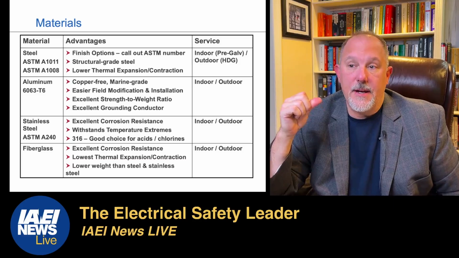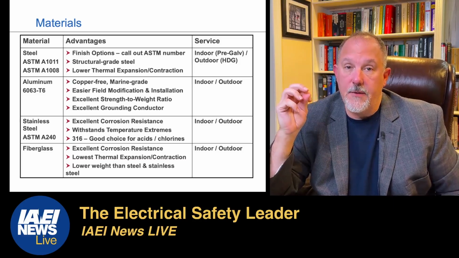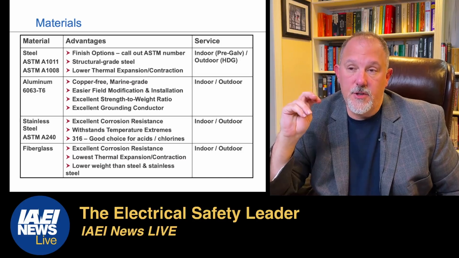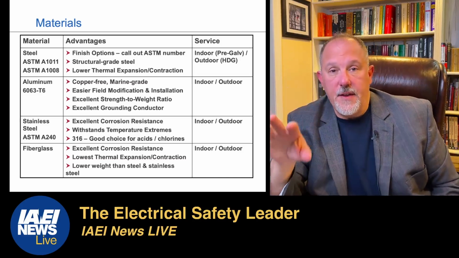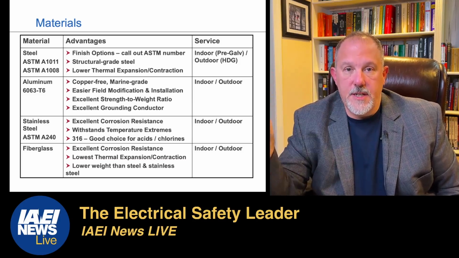And then they have stainless steel. Now I would think your stainless steel would be for those corrosive areas. Do you have any corrosive areas? Again, you have to think about the application first before you select your materials, right?